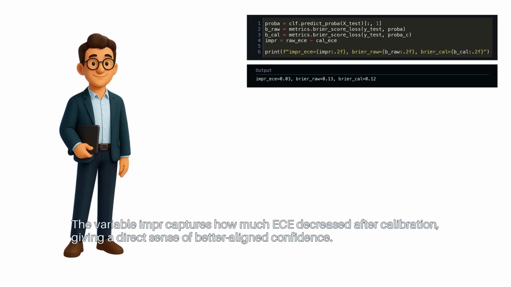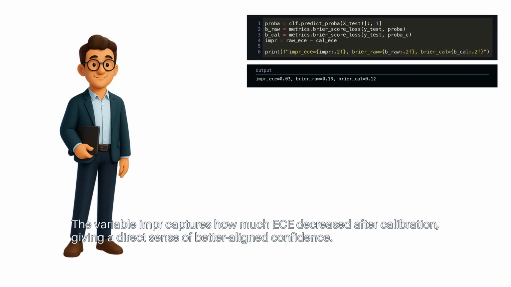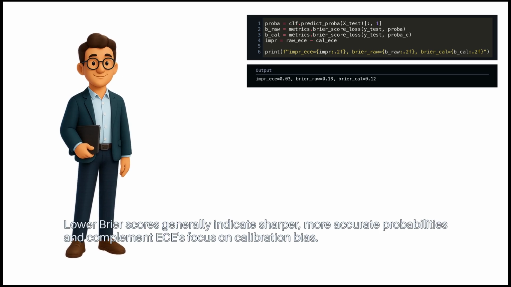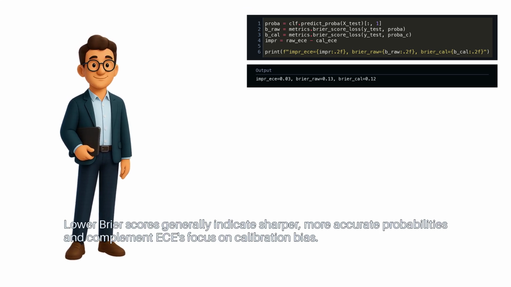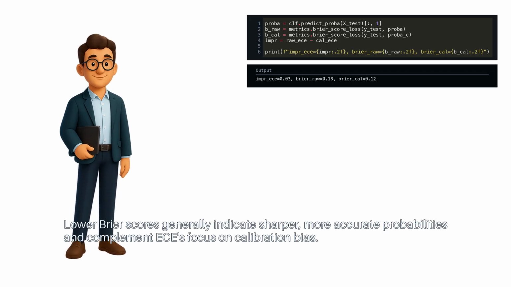The variable imp captures how much ECE decreased after calibration, giving a direct sense of better aligned confidence. Lower Brier scores generally indicate sharper, more accurate probabilities and complement ECE's focus on calibration bias.